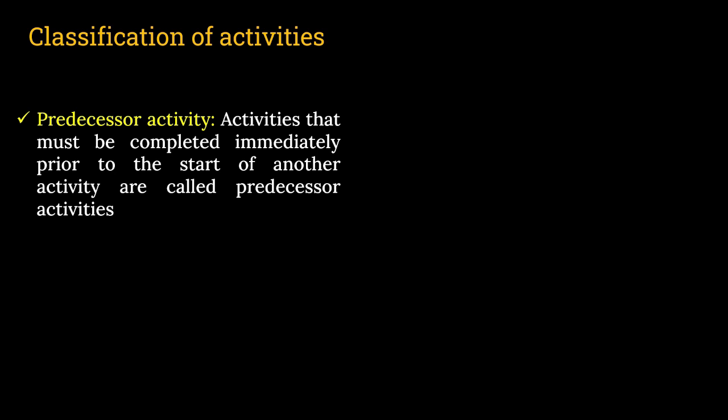Now, predecessor activity. What is that? Activities that must be completed immediately prior to the start of another activity are called predecessor activities. Let us straightaway go to the example. The first example was painting of the wall. Under painting of the wall, the first task was preparing the surface.